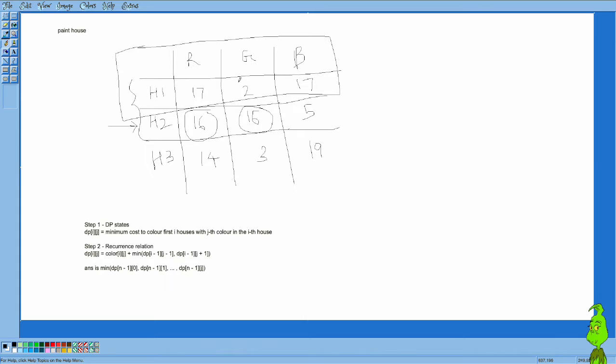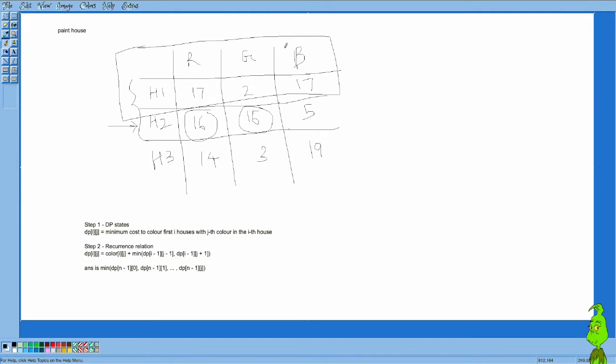So what is the answer for this? What is the definition of this? It's the cost of coloring all houses, with green being the color of the I minus 1th house.